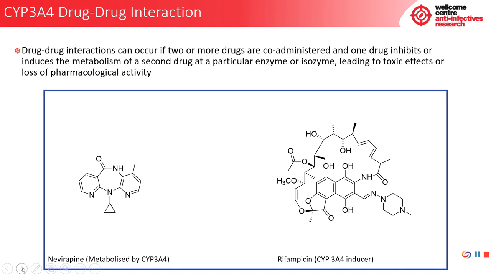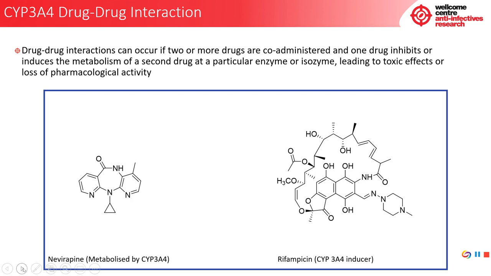So if we have a patient that is comorbid with HIV and tuberculosis, the idea then becomes these two drugs, because rifampicin induces the metabolism of nevirapine. Nevirapine will not be as active against HIV as it could be, so it may necessitate an increase of the dosage such that there'll be enough nevirapine to still be able to combat the HIV, or vice versa.